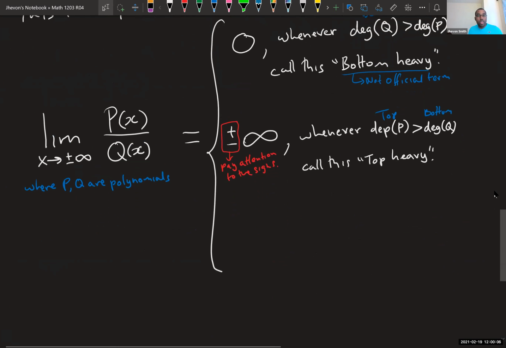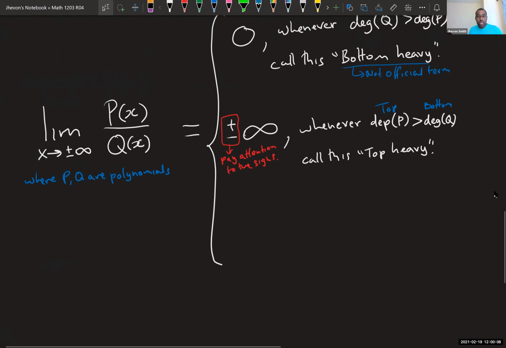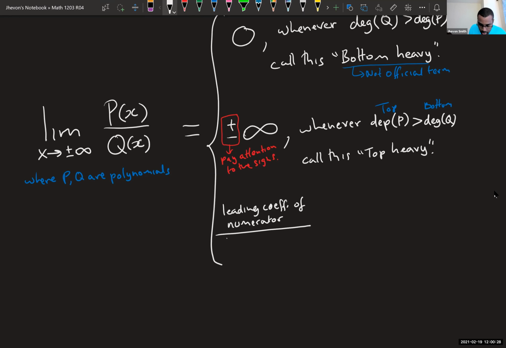And then there's another possibility, right? Which is the last and final possibility. It can approach the leading coefficient of the numerator divided by the leading coefficient of the denominator.